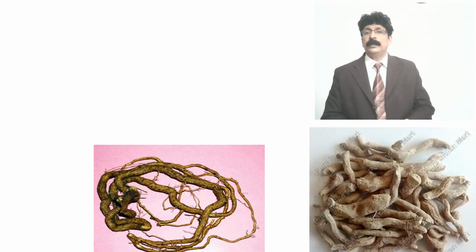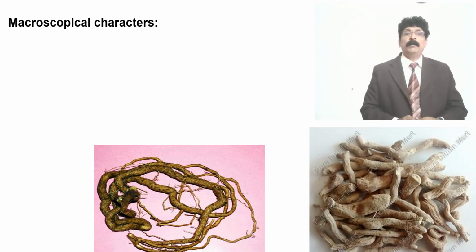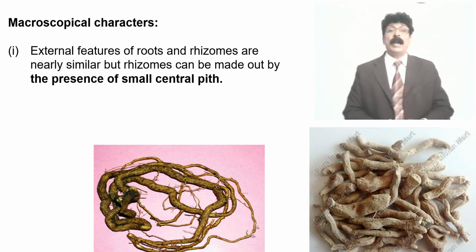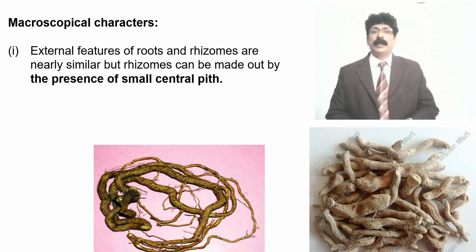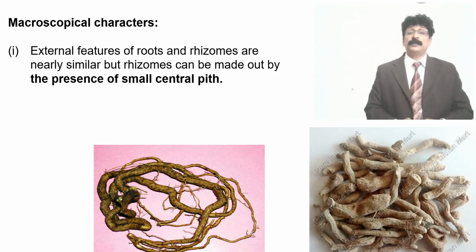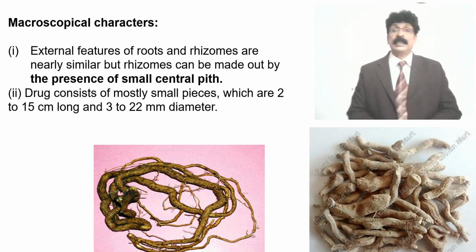This is the root, serpentine root, Rauwolfia serpentina, snake root. This is the dried one after cutting into pieces. Macroscopical characters of Rauwolfia serpentina roots. External features of the roots and rhizome are nearly similar, but rhizomes can be made out by the presence of a small center pith and also having more starch grains.